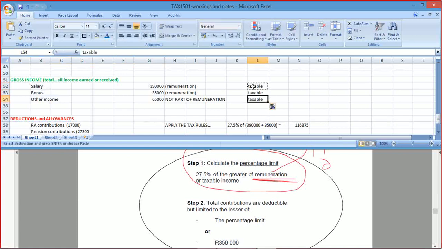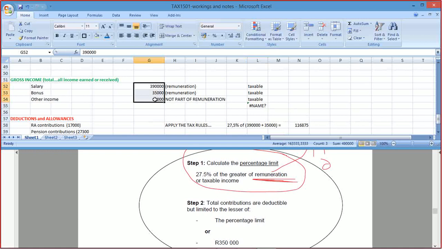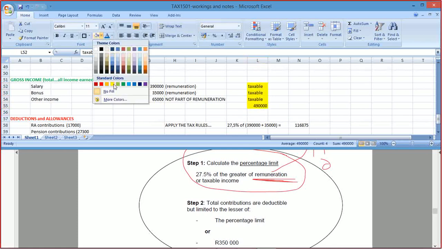Yes, if she's earning it, she must pay tax on it. Does that make sense? So taxable income is going to be the total. Sum up this. There it is. So that's taxable.